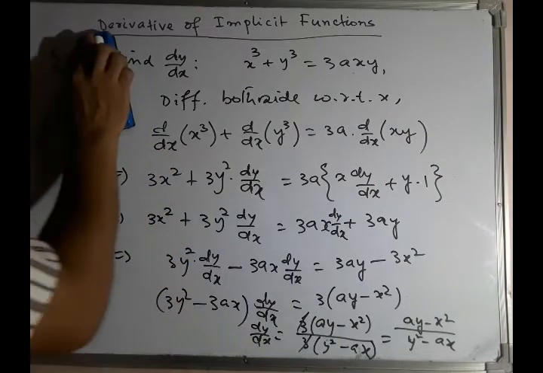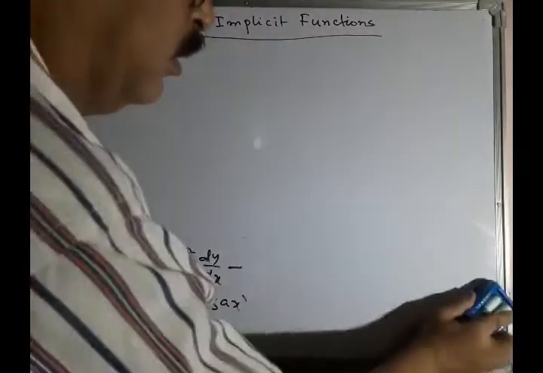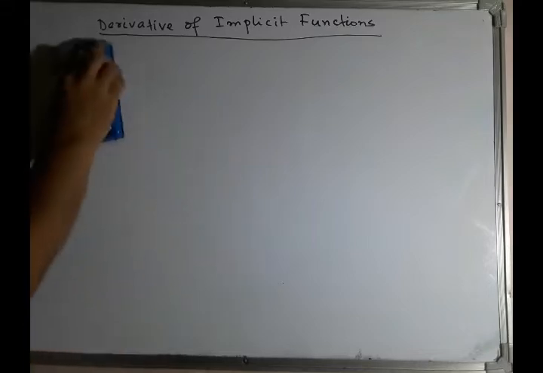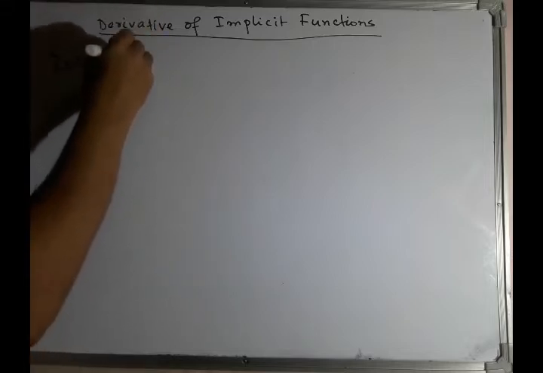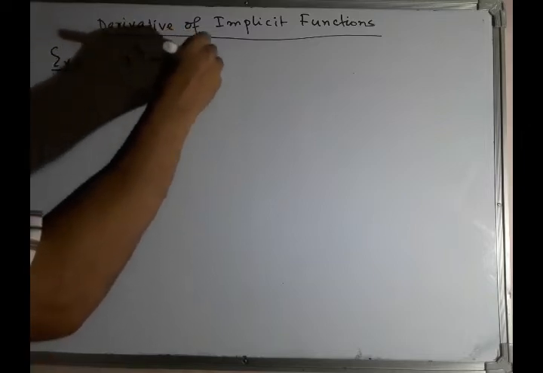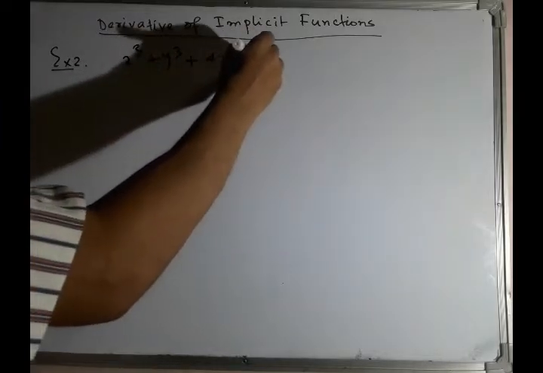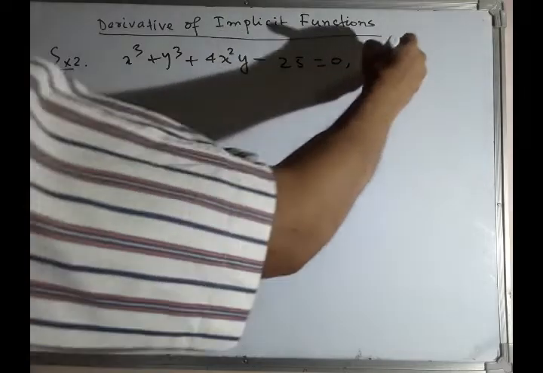Example number 2. Find dy by dx when it is given that x cube plus y cube plus 4x square y minus 25 equal to 0.